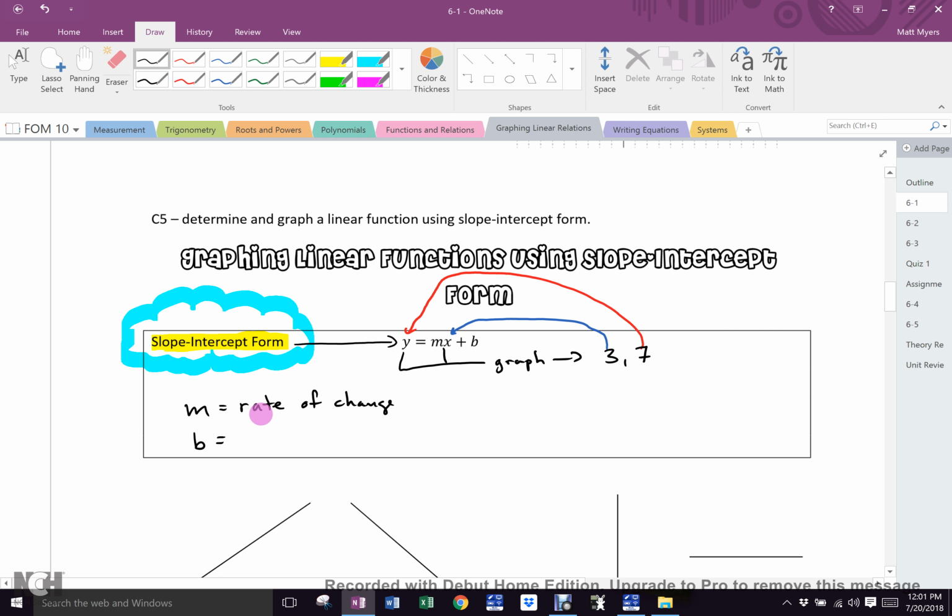X and Y. So the rate of change, we don't know what it is. It's not necessarily a speed or something like that. So we call it the slope. And the slope we find the same way. It is the change in Y divided by the change in X. Or the change in the DV divided by the change in the IV. Yes?